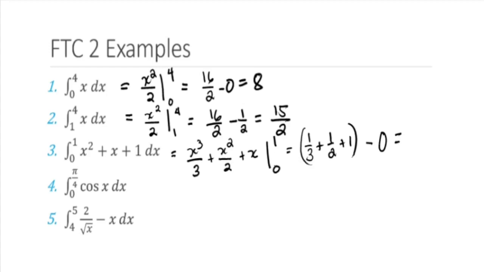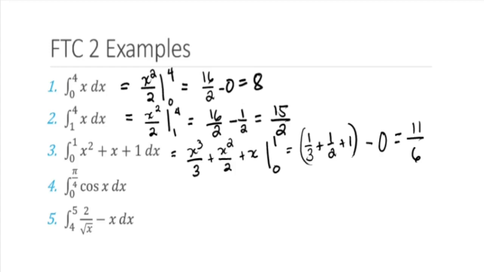This one would be 11 over 6. So, for these first 3 that we solved using FTC2, you can go back to our video on the definite integral as area under a curve, and you can verify that these are the answers we got.